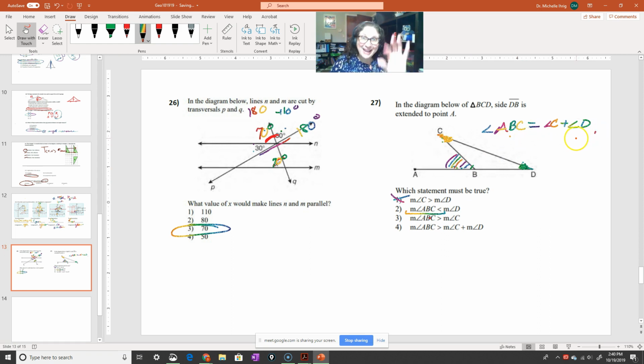No, because we add angle D with angle C to get ABC, so it's not choice 2. Is ABC larger than C? Yes, it is, because even if D is 1 degree, it still makes ABC larger. So this is the correct answer. This one says they're greater than, and we know that's not true because they have to be equal.